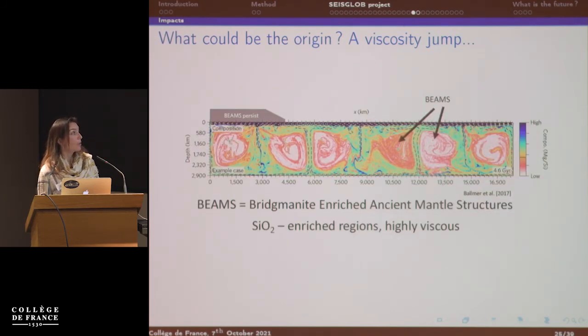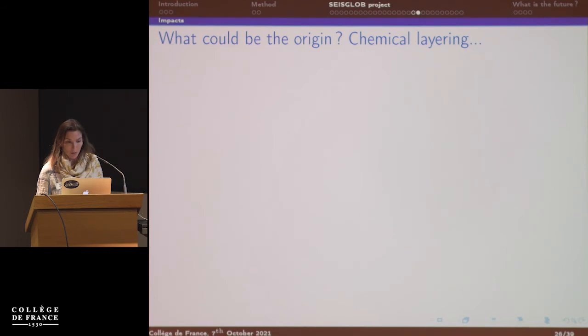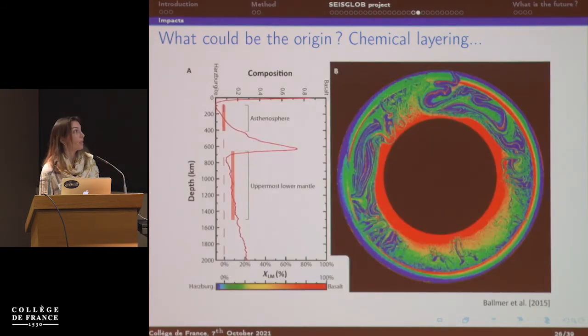There is also some other modeling that reported that you could preserve over time SiO2-enriched regions, which are highly viscous, and that could also explain this transition in viscosity at around 1,000 kilometer depth. In this kind of modeling, you would also expect very large topographic variations. Could it be a chemical layering?